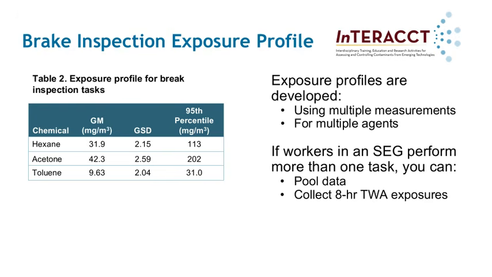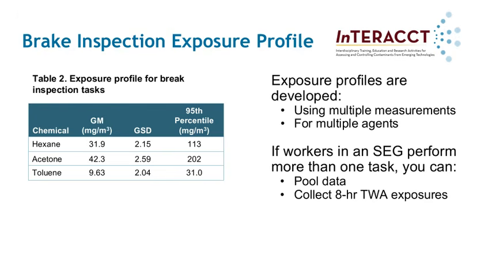As in this example, it is common for workers to be simultaneously exposed to multiple agents. Therefore, exposure profiles are developed with consideration of all hazardous agents that workers potentially are exposed to. In this example, we considered 3 agents: hexane, acetone, and toluene.